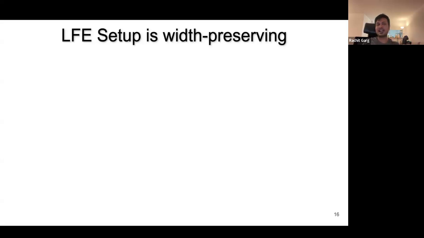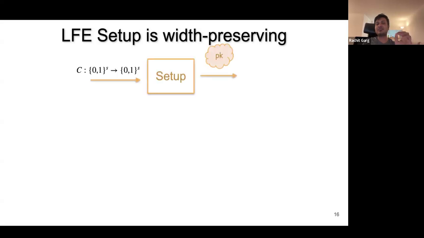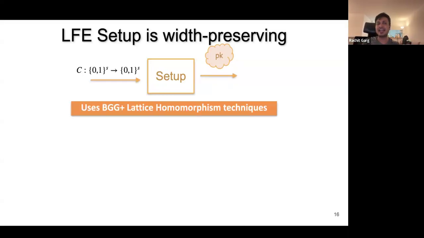So just a quick, because I only have a few minutes. This LFE setup is space preserving, because I can think of a circuit C, which takes this input inside this LFE algorithm. And basically what we are doing here is some kind of lattice homomorphism techniques. You don't need to know what these techniques are, but imagine that you have many public matrices.